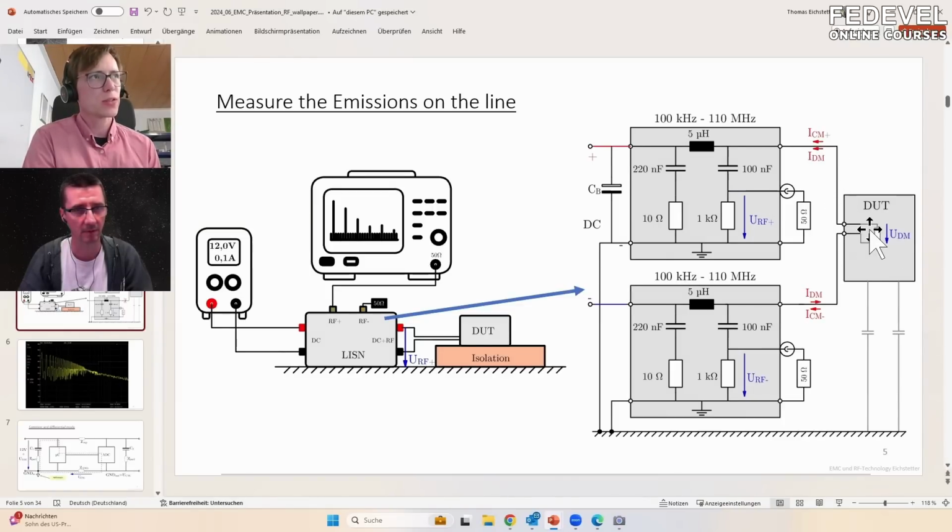So the differential mode, because you have, let's say, a bad differential mode blocking, the current goes also over the listen here. You will get the voltage drop over the coil. Then it goes over the ground here to the other one, and here backward. Or let's say in the end, when you have here the 50 ohms, you're measuring it over the 50 ohms. And the current goes here in and here out.